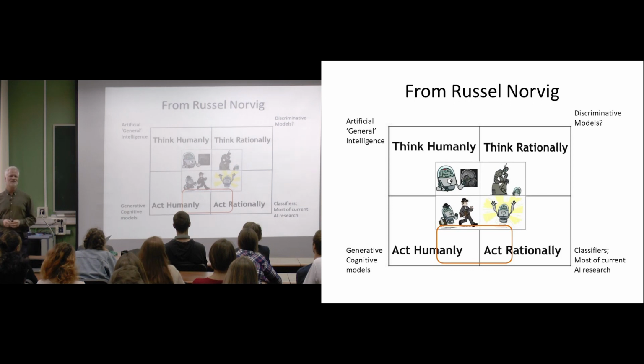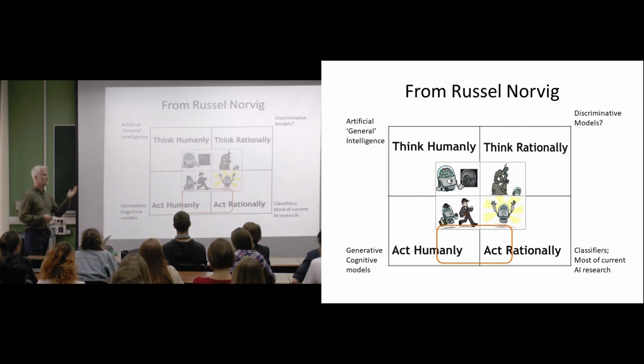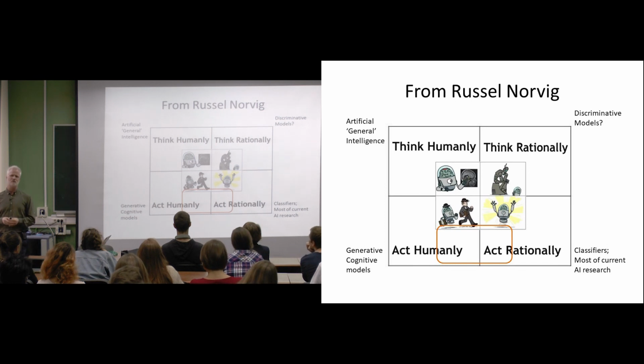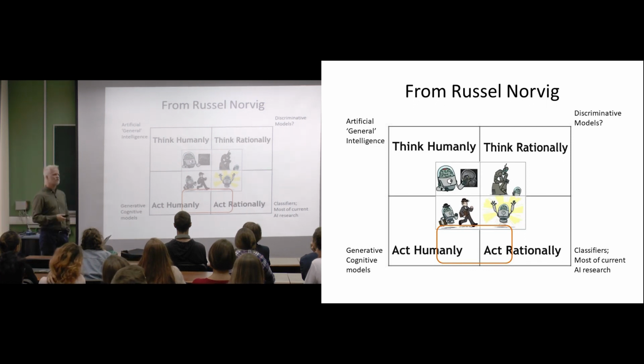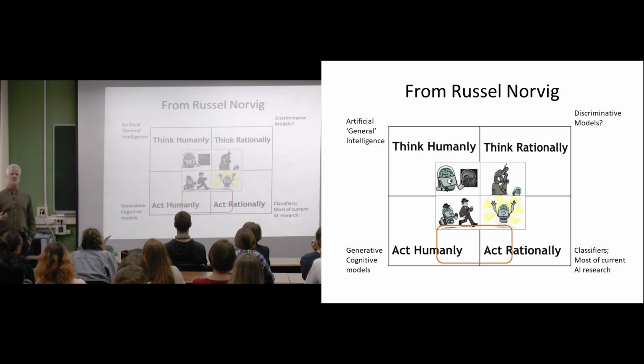Is everybody familiar with this chart from Russell and Norvig? They tried to describe a new approach. Actually, the name of the book was Artificial Intelligence: A Modern Approach. It's probably about 20 years old now, the first edition. It was one of the first books to really look at the autonomous agent approach to AI.